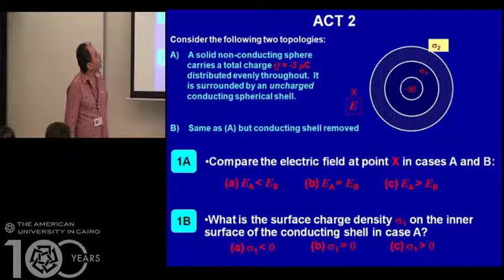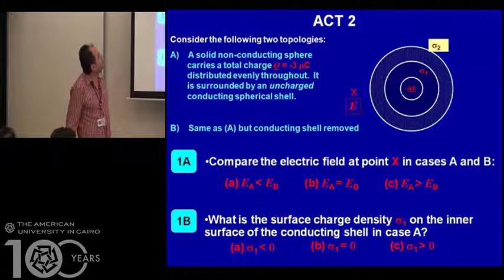Now, a solid non-conducting sphere carries a total charge of negative 3 microcoulombs, distributed uniformly throughout. It's surrounded by an uncharged conducting spherical shell, a metallic spherical shell.